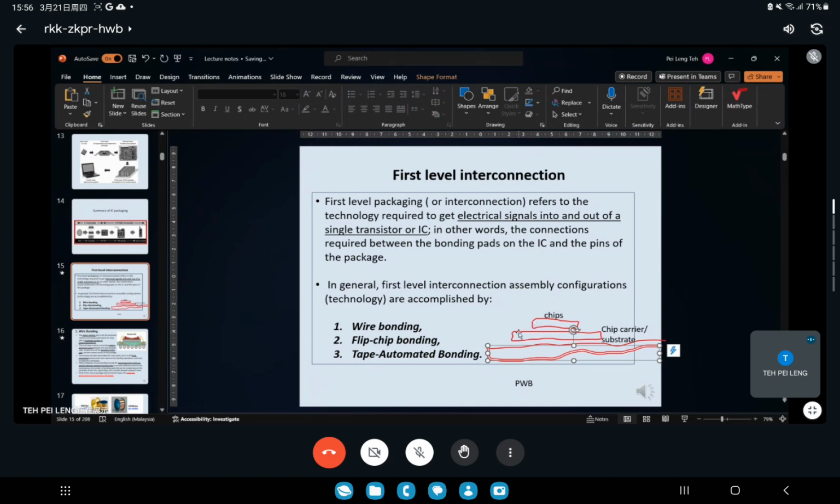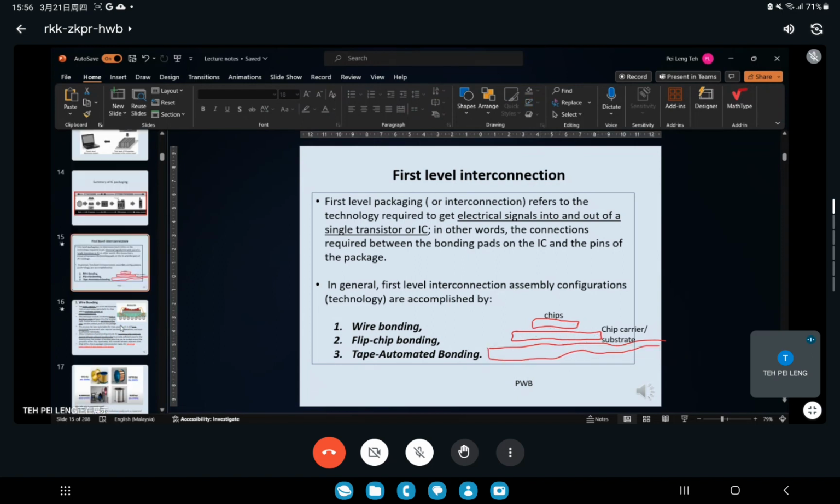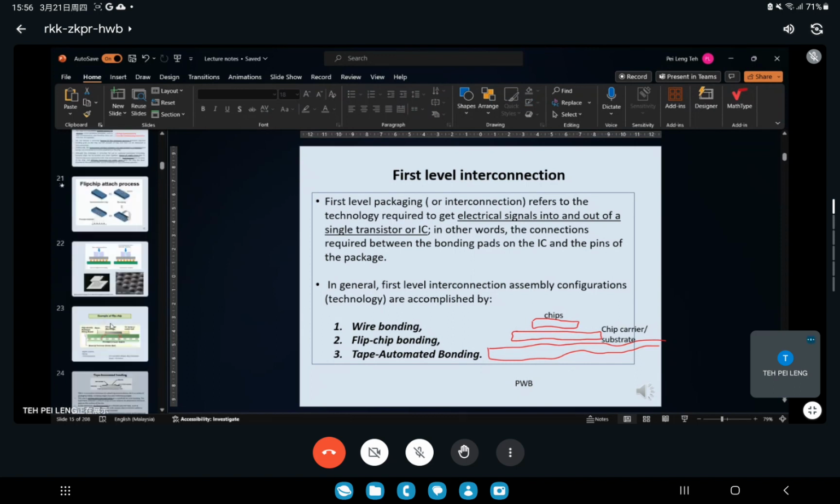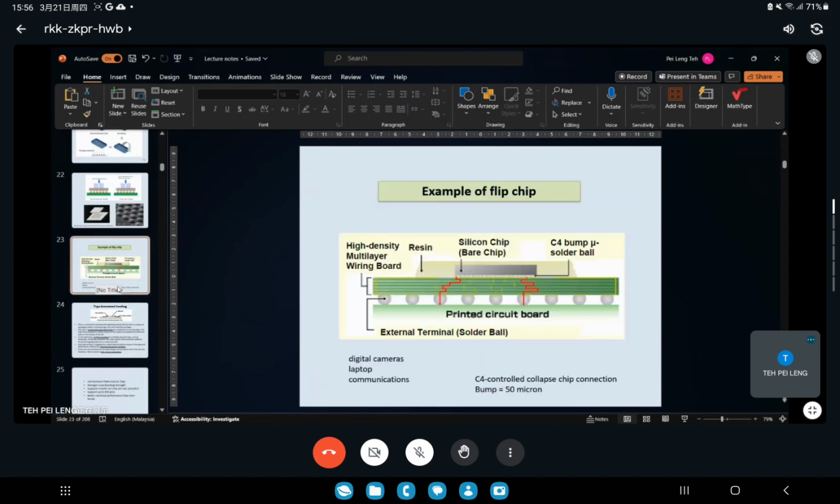So actually inside this substrate, they have a design. Wait, let me see whether I have the picture of this one. If this is the substrate, actually they have wire, what we call a copper layer.